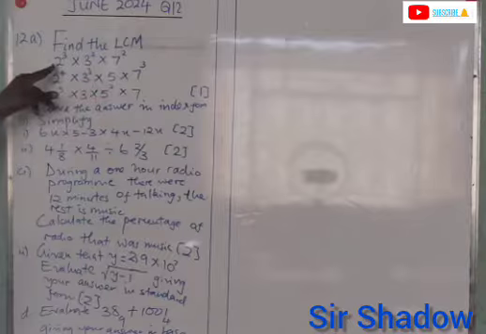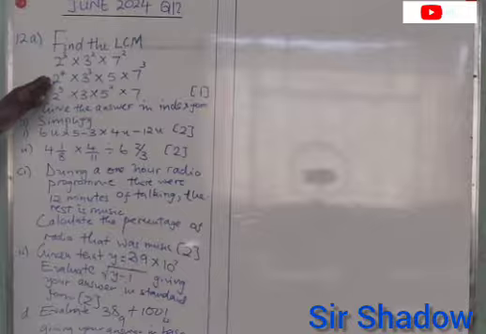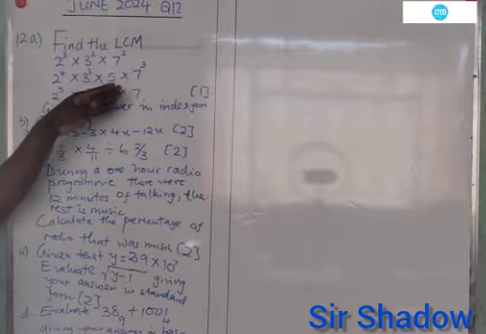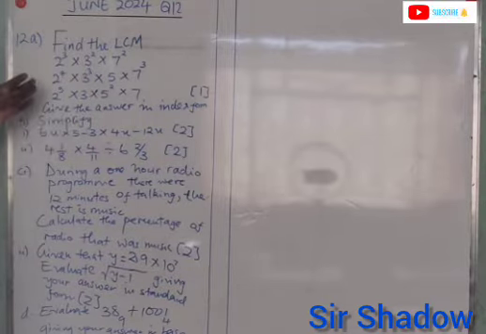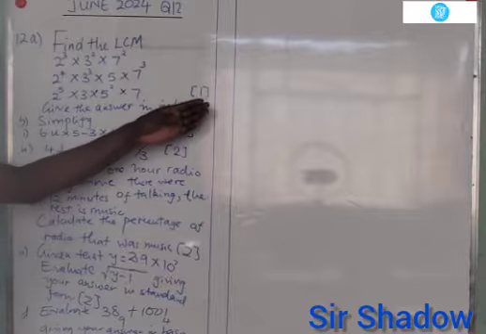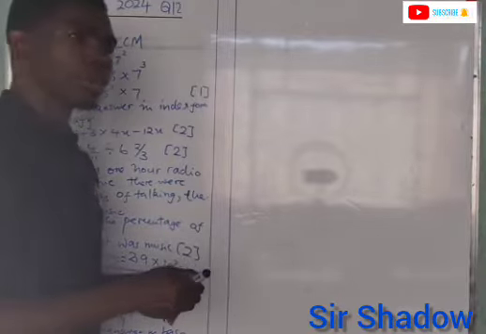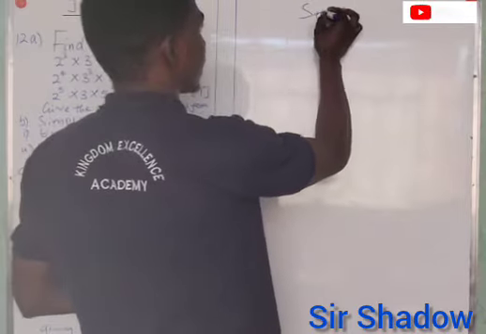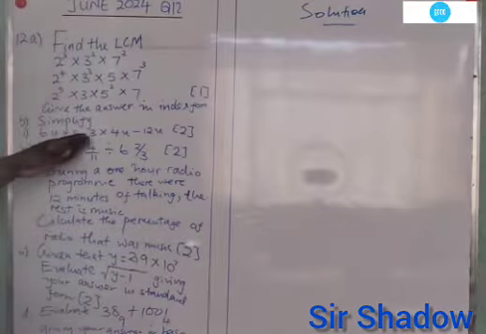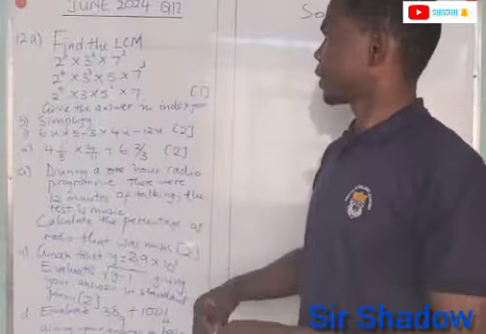Find the LCM of 2 to the power 3 times 3 to the power 2 times 7 to the power 2, and 2 to the power 4 times 3 to the power 3 times 5 times 7 to the power 3, and also 7 to the power 5 times 3 times 5 to the power 2 times 7. Then give your answer in index form. We want to leave our final answer in index form.